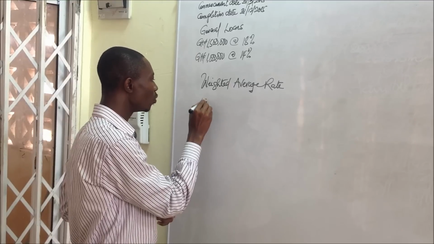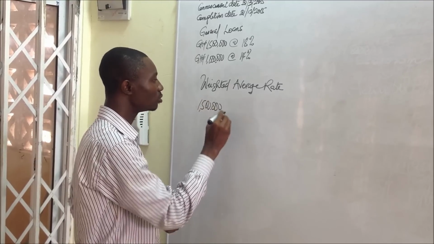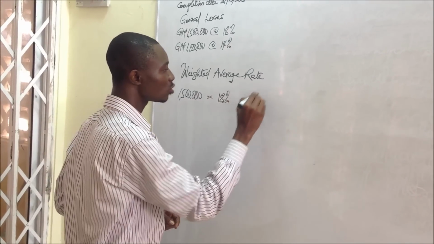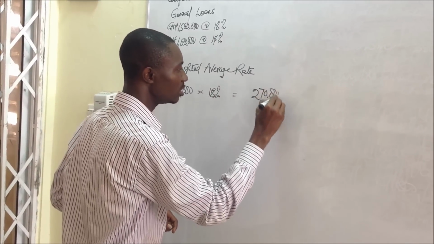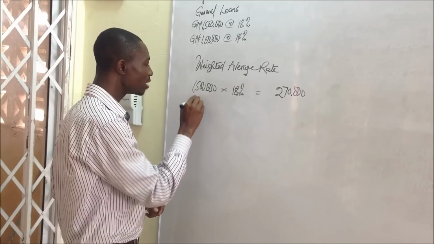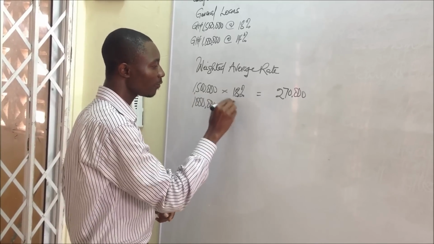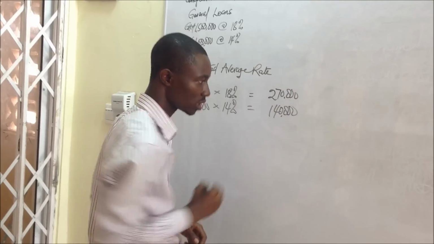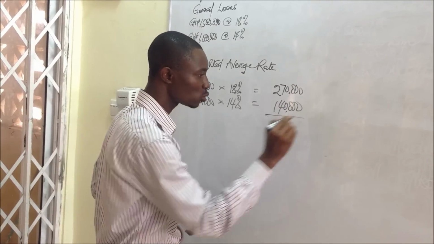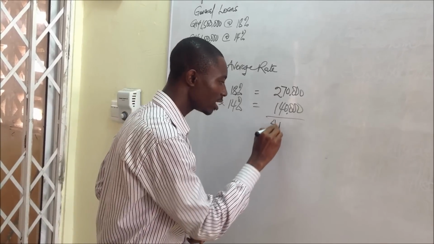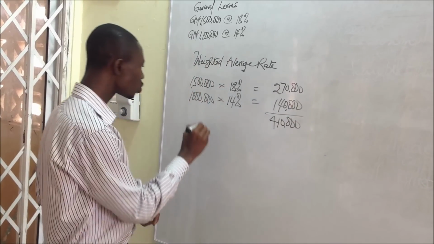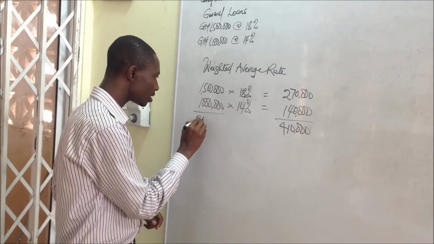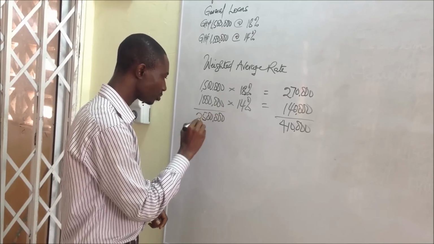So, for the first loan, it is 1.5 million out of the general pool times 18%, which gives us 270,000. Then there is 1 million at 14%, which gives us 140,000. So what we'll do is that we'll sum the total interest, which is 410,000, and also sum the total loans in the general pool, and that is 2.5 million.